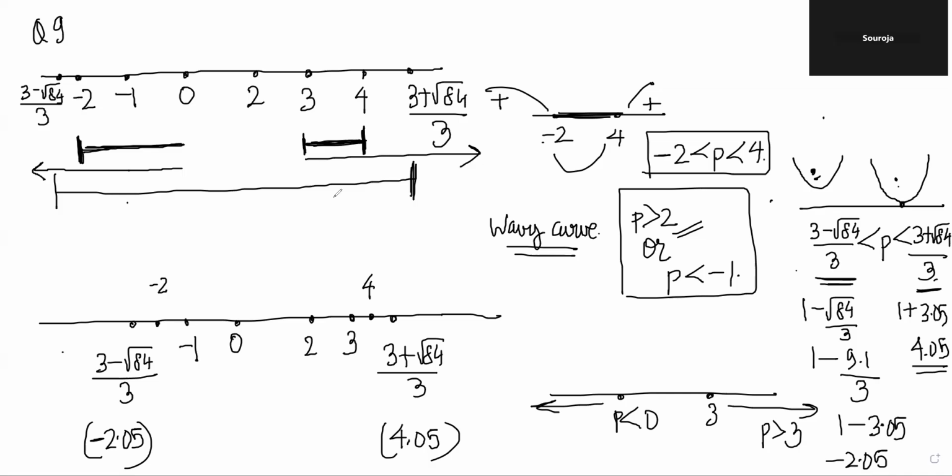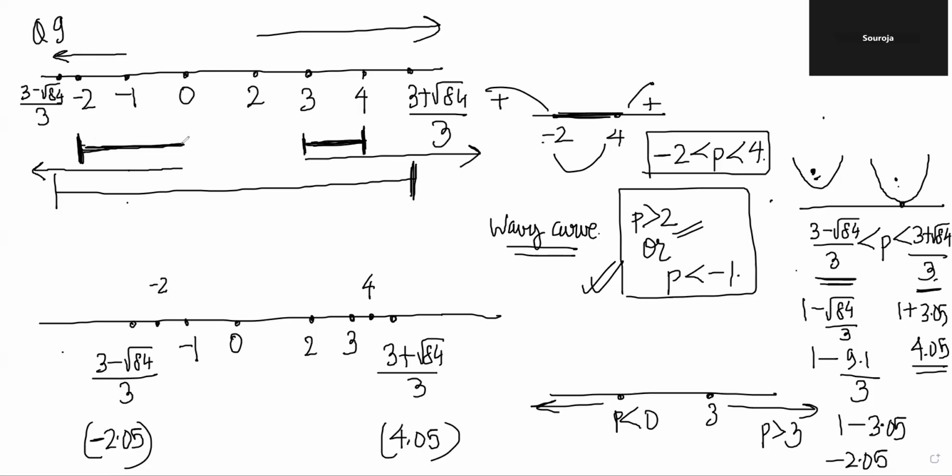And then one condition is left, I think: greater than 2 or less than -1, right? So greater than 2 is this portion and less than -1 is this portion, right? But so far with the other conditions, I have gotten it as -2 to 0.